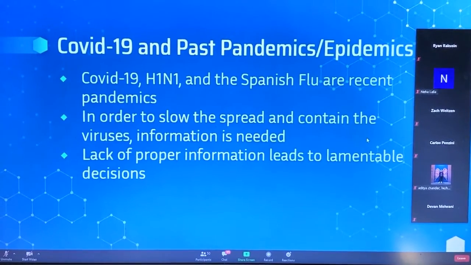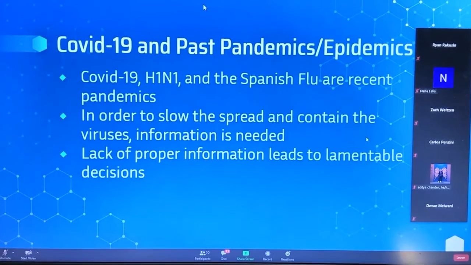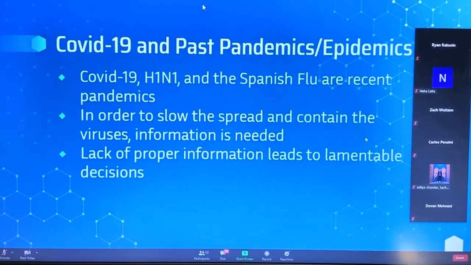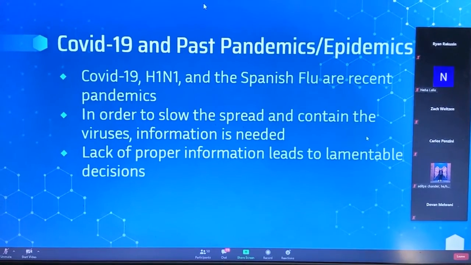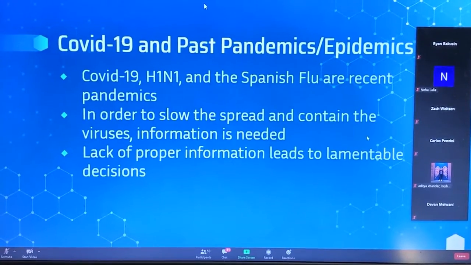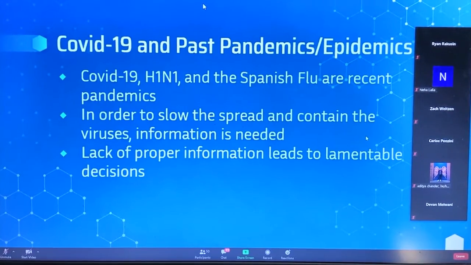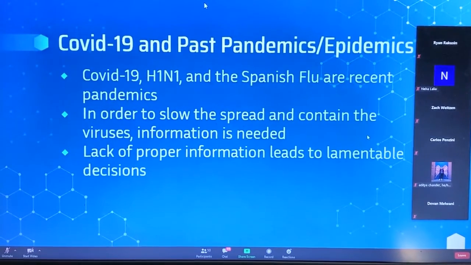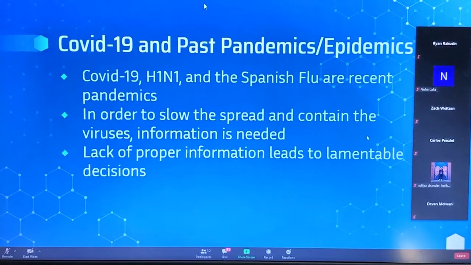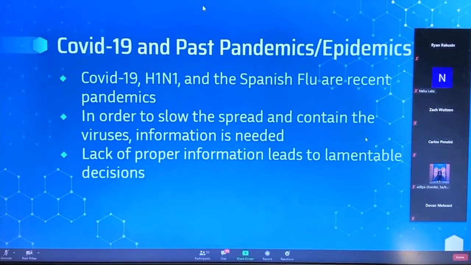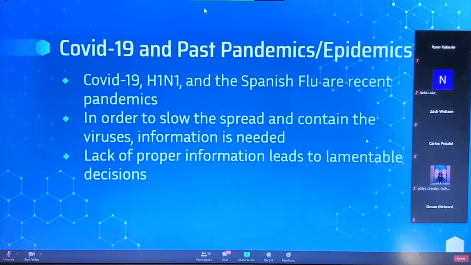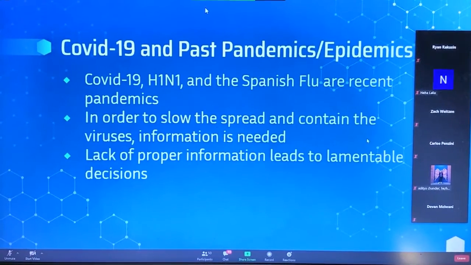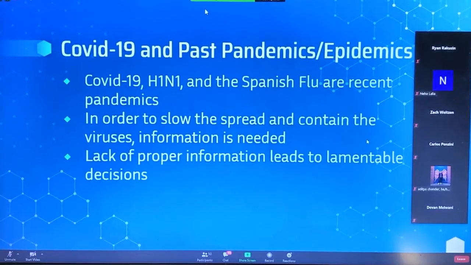Through each pandemic, we have learned how to cope with them better and better, but we still need to learn how to deal with it more effectively and to save as many people as we can. So to deal with these pandemics, what we need is information. And sometimes when there isn't proper information available, our leaders make lamentable or ill-advised decisions that sometimes aren't at the best of benefits.